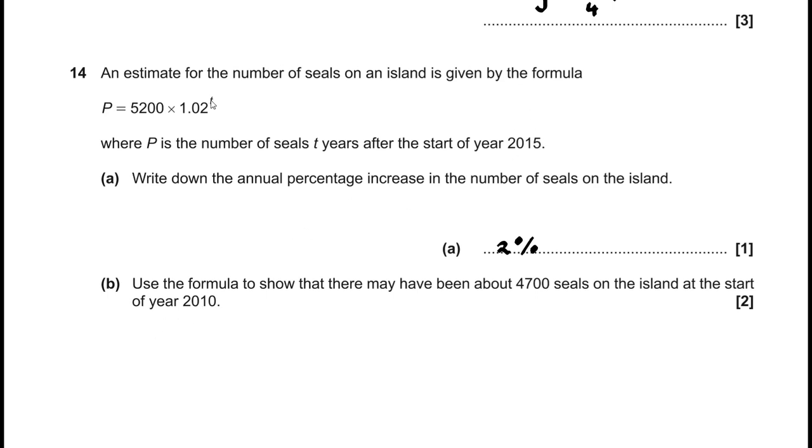So t in this case will be -5 because we're going back 5 years. Therefore, p is equal to 5,200 multiplied by 1.02 to the -5.